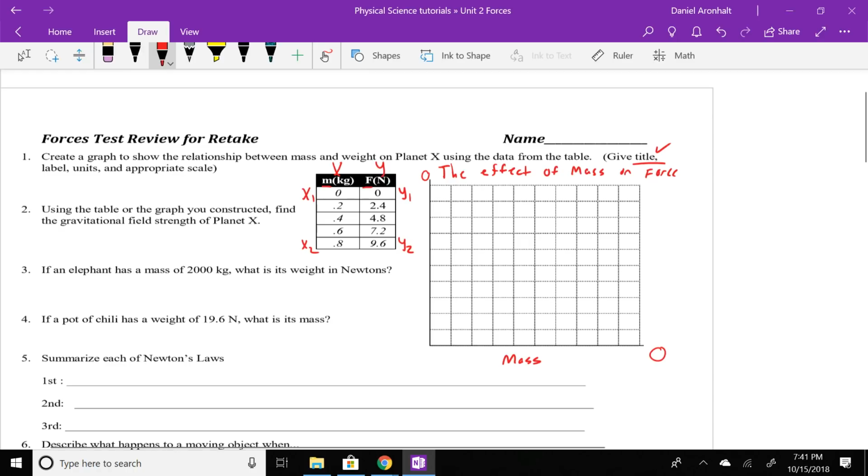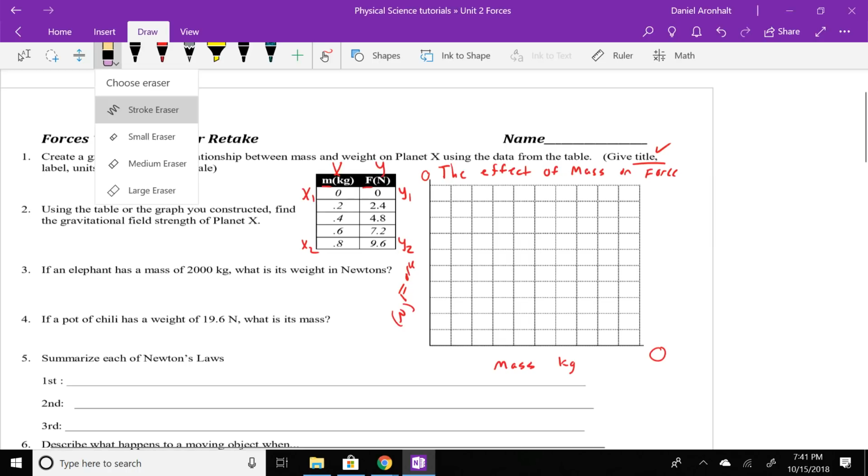I'm going to have to erase that because I'm going to have to write a little bit lower. It's going to be mass in kilograms, and the side is going to be force in newtons. I can make that look a little bit prettier, and I should. I'll go ahead and make that look a little bit prettier. Let's get those y's out of the way, though.